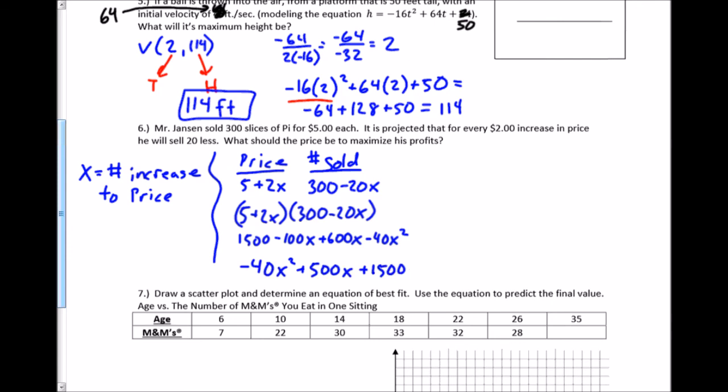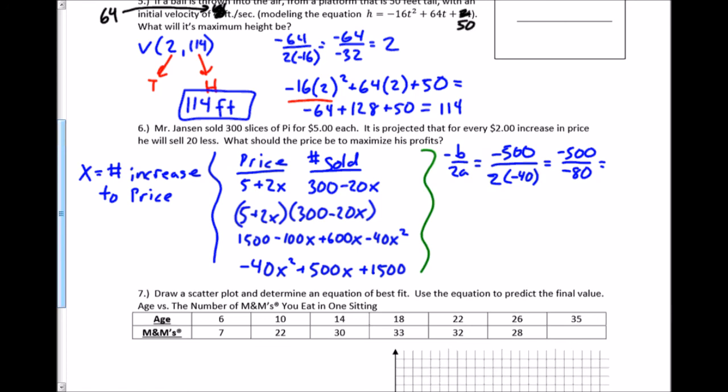And that's how much money I'm going to be making, but it wants me to maximize that. Essentially, it's asking me to find the vertex again, so I do the opposite of b over 2a one more time. That's a negative 500 over 2 times a negative 40. It's negative 500 over a negative 80, which I'm just going to simplify.